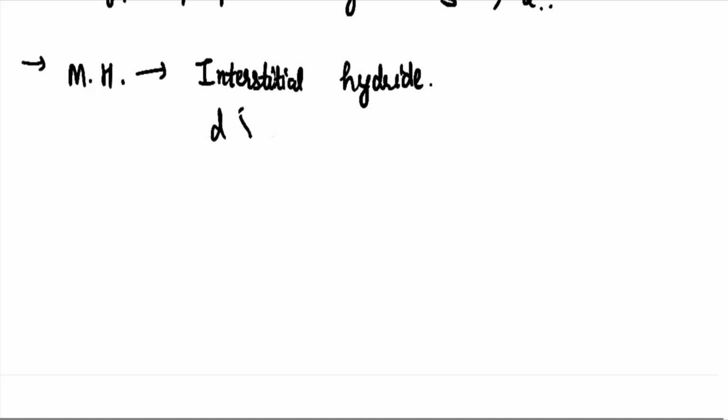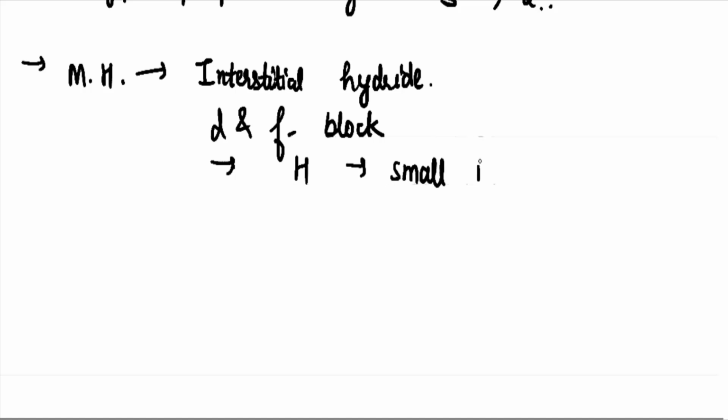D and F block elements on heating with dihydrogen under pressure form hydrides. Hydrogen atoms are small in size, due to which they occupy some space in the metallic lattice, which causes distortion without any change.